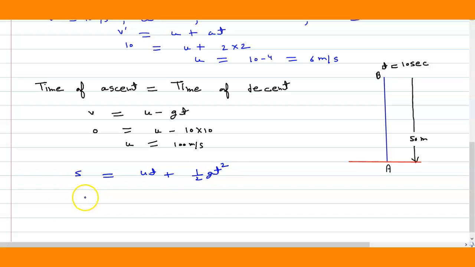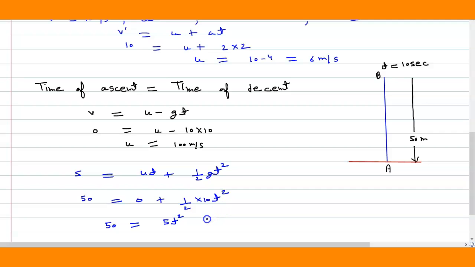It means that from maximum height to the ground, s is given as 50 meter. This is 0 plus half 10 into t square. Okay, it means that 50 is equal to 5 into t square.